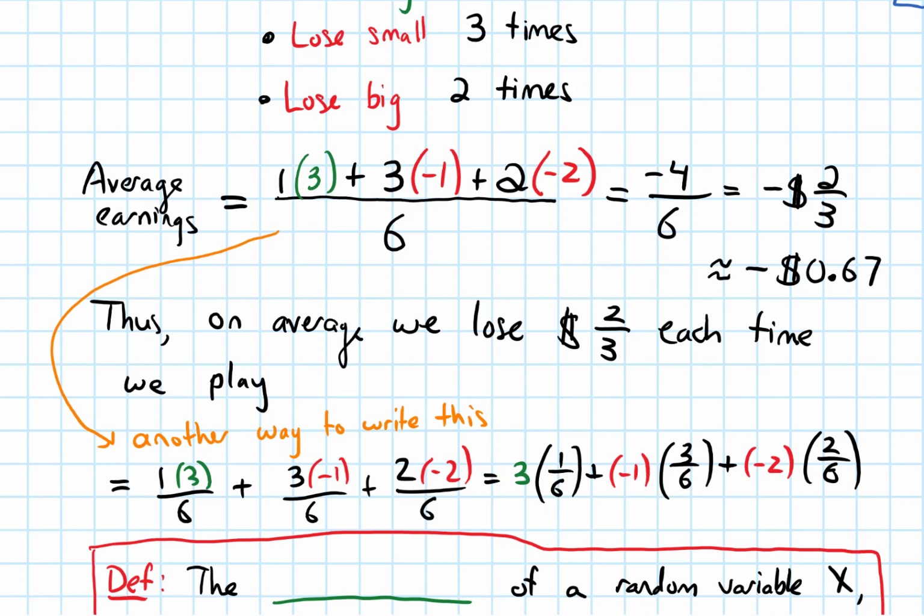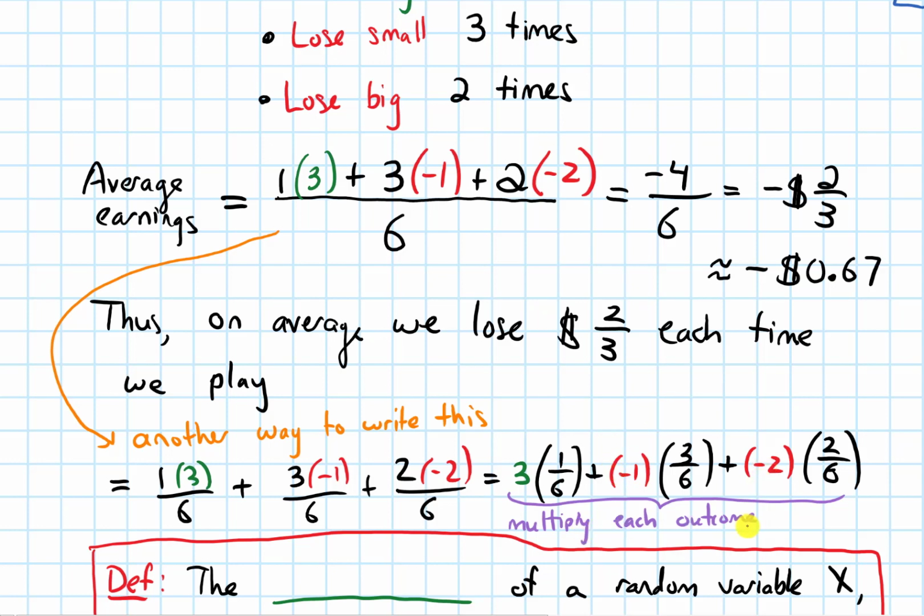So having it in this form, one thing that we might recognize is what's happening here is we are multiplying each outcome or each value of the random variable. So my random variable could have been either I earned $3 or I lost $1 or I lost $2.